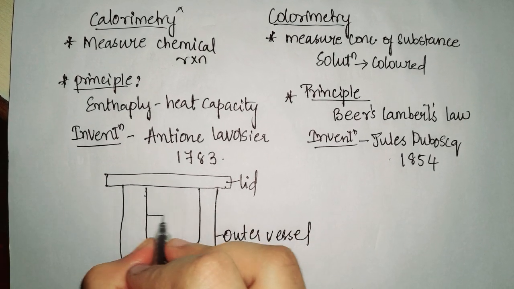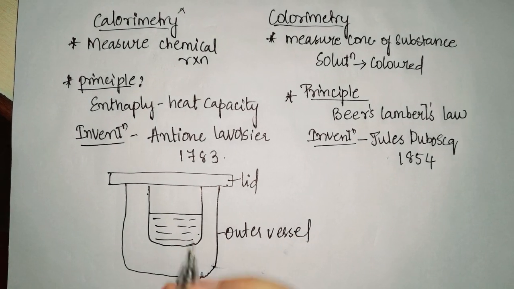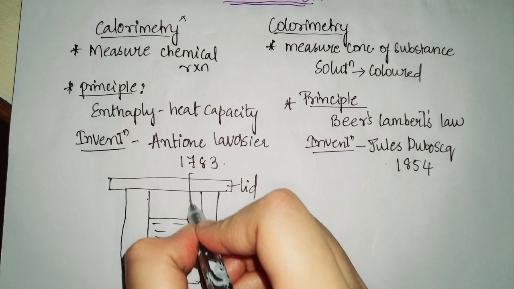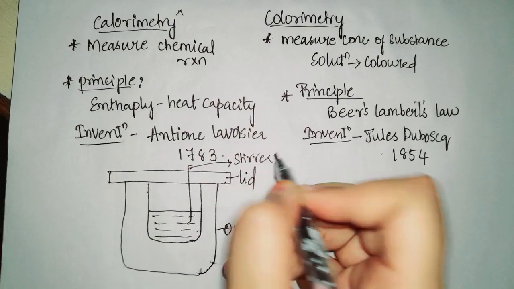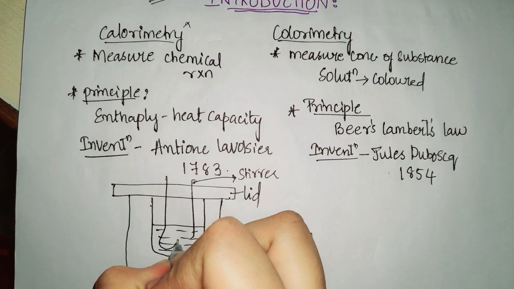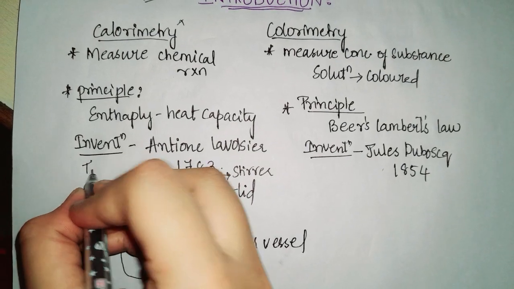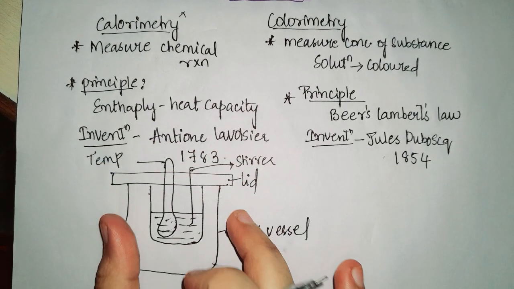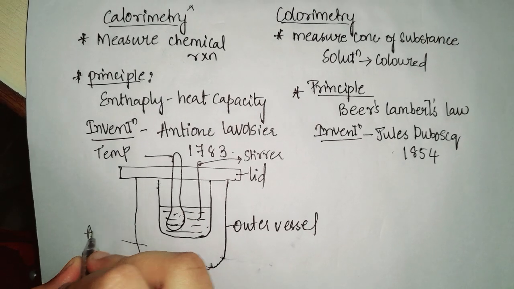This is the inner vessel having the chemical reaction in it, whatever chemical reaction we are measuring. And this is the stirrer by which we can mix the chemical reaction. And here we have a thermometer, which takes the temperature of the reaction, and this is the air space.